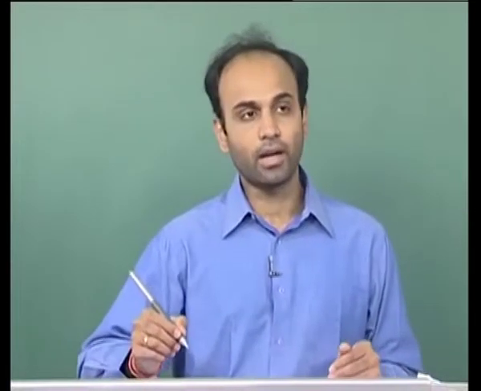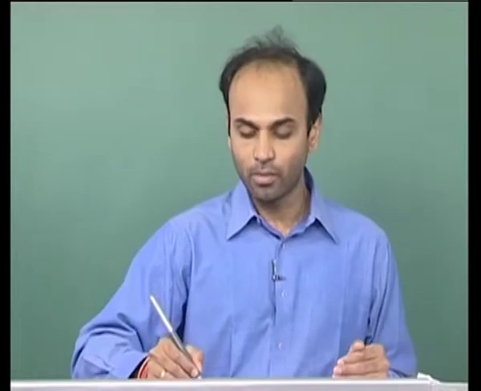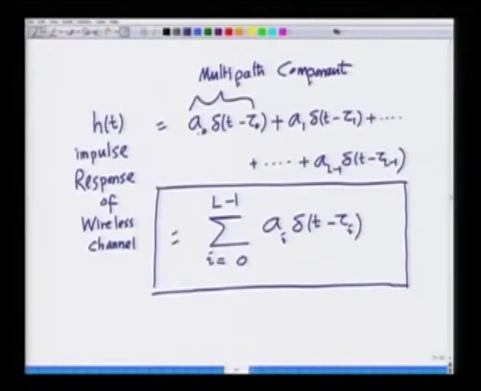And we said that each path of the system can be represented by an attenuation A_i belonging to the ith path and a delay tau_i belonging to the ith path. So, if there are L paths indexed 0, 1 up to L minus 1, we can represent it as follows.